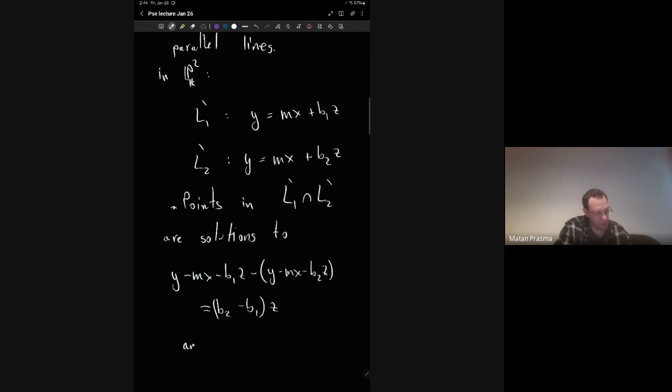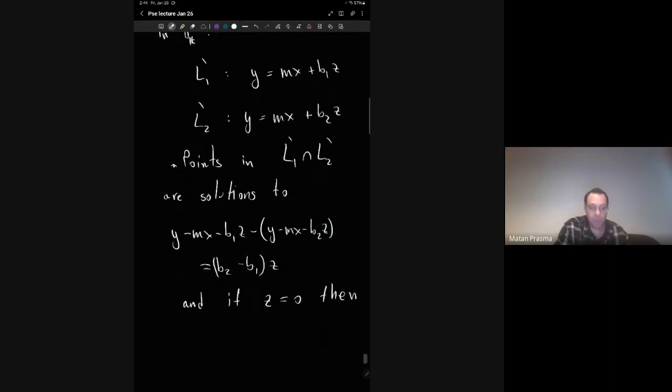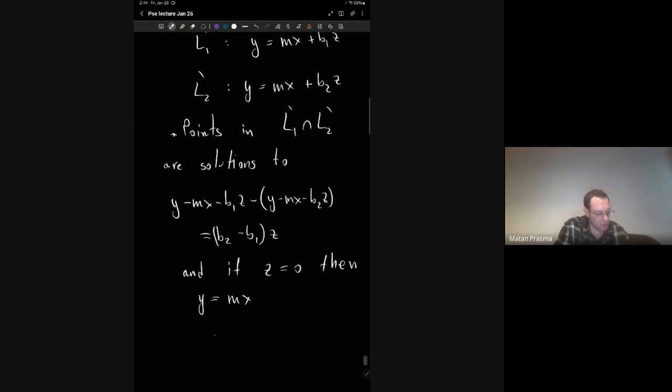And if z equals 0, then indeed I have a solution. Then y equals mx, and so x, mx, zero is a solution to this equation.